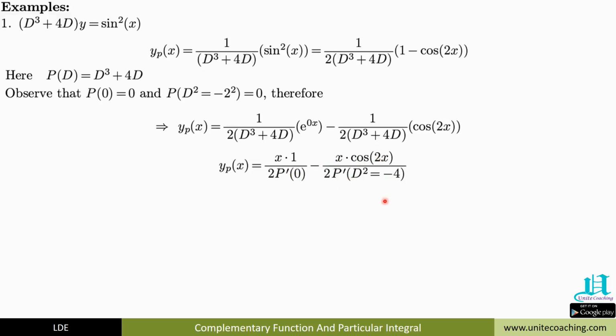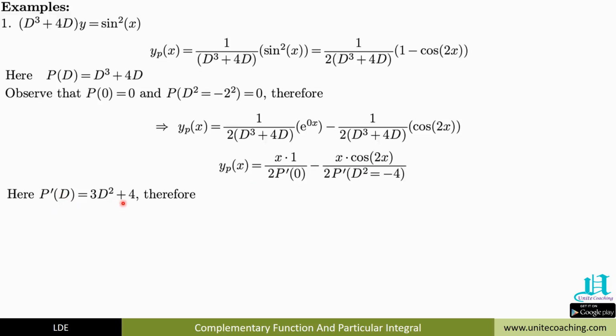How we arrived at this is, because we are getting 0 in the denominator, we have taken the first differential and put an x in the numerator, and we have done the same for the second part as well. Alright, so now you can see the p dash of D will be equal to what?